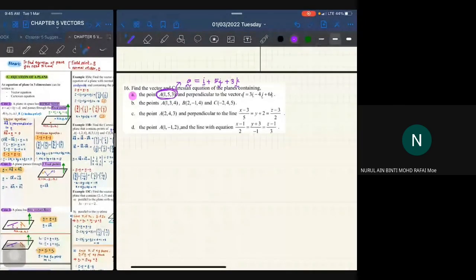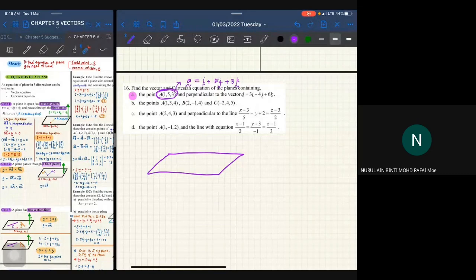Okay, so kalau awak buat satu plane, if you draw a plane, lebih kurang lah plane. Okay, nampak? So point kita yang A tu dia kat sini contohnya.